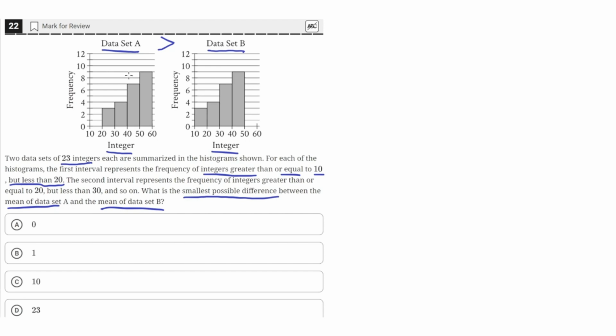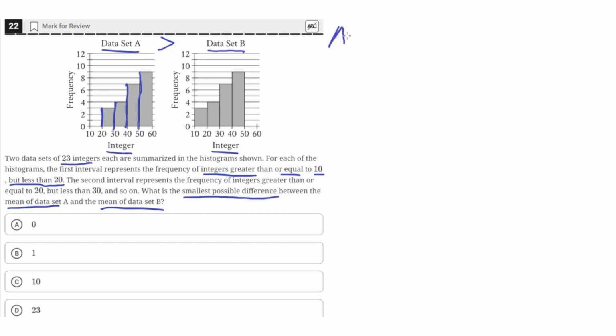So the smallest possible dataset A mean that we can find is assuming that all the integers in this range, going from like 20 to 30, are all at 20. And if we do that for each of the intervals, looking at the boundary instead of the whole interval, we'll find the smallest possible mean.